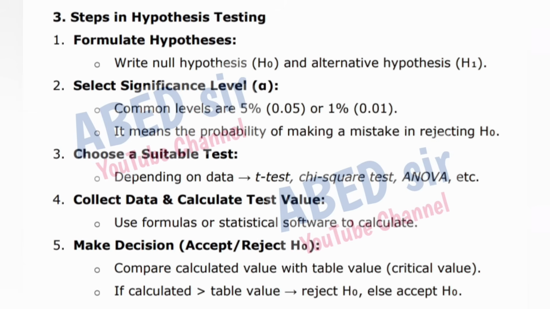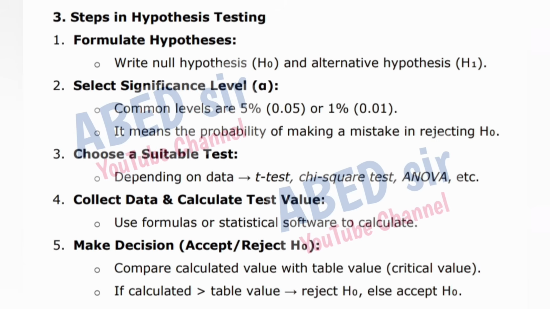It means the probability of making a mistake in rejecting H0. 3. Choose a suitable test. Depending on data: t-test, chi-square test, ANOVA, etc. 4. Collect data and calculate test value. Use formulas or statistical software to calculate.